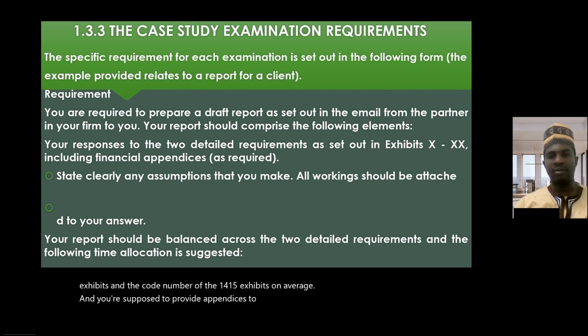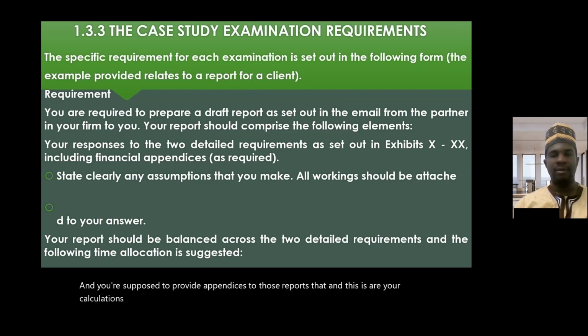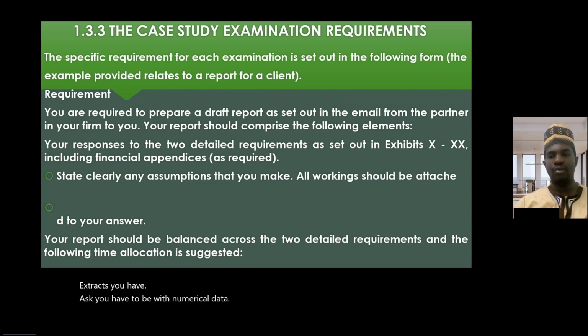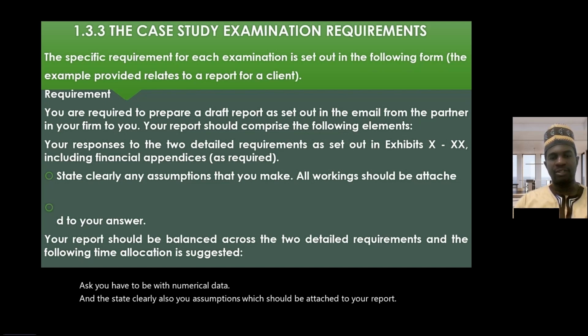The appendices are your calculations and some models and extracts you have, as they have to do with numerical data. And you state clearly also your assumptions, which should be attached to your report. It's very important.